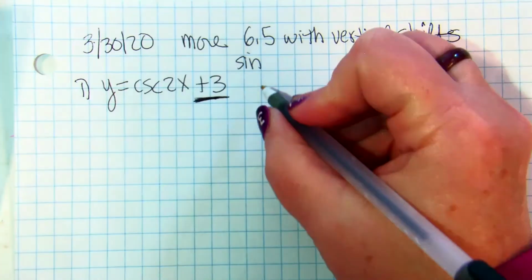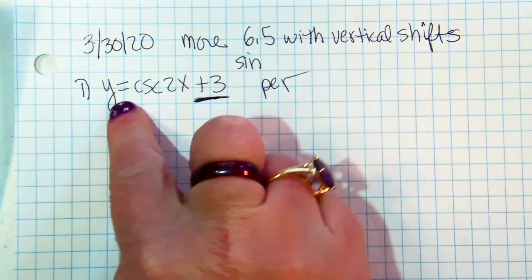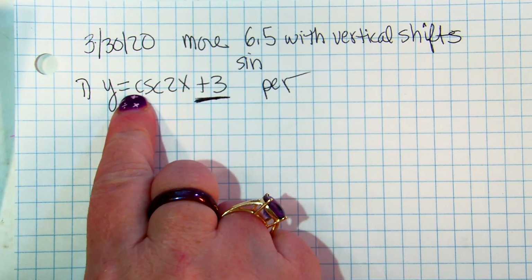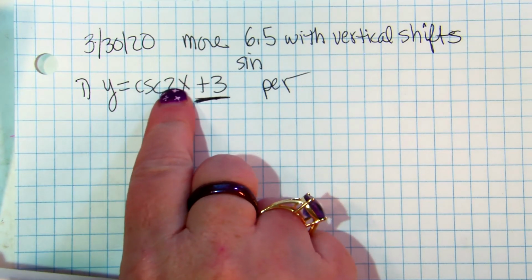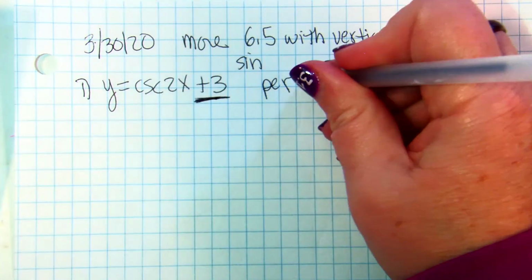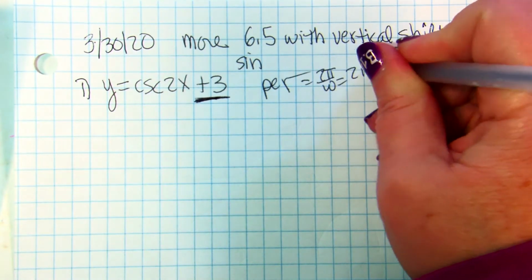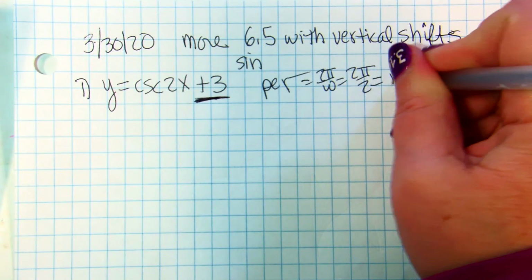The amplitude, the number in front, is 1, so it's just a normal amplitude of 1. The period has to do with the w that's in front of the x. 2 pi over w, which is 2 pi over 2, which is pi.